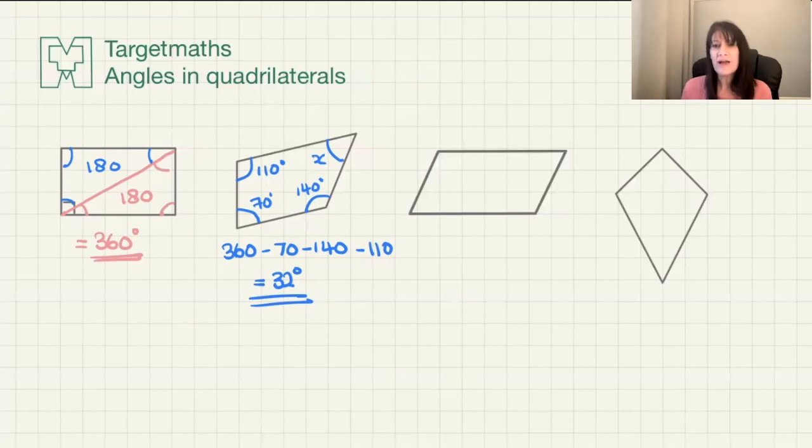Now, the reason that I put a couple of extra ones down is we do have a lot of quadrilaterals in the quad family, and they do have geometrical properties that can be used to make questions a little bit harder. So, for example, the parallelogram, I could tell you that this angle here, and I'm going to keep the numbers nice and simple, is 50.